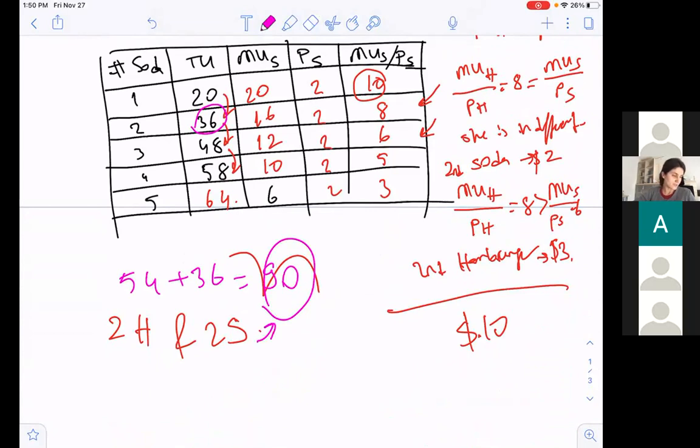Find the combination that maximizes her utility. That's it. Any question? Do you have any question? Did you understand?